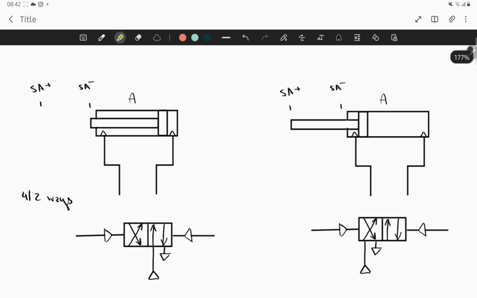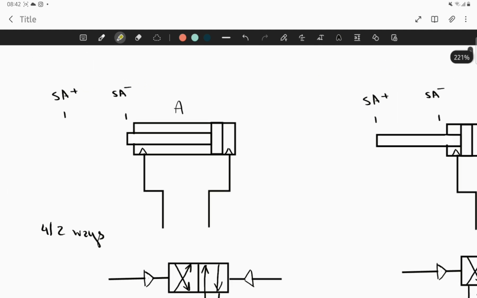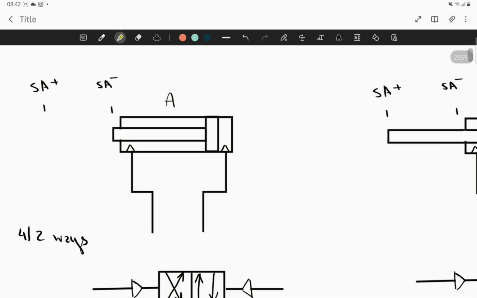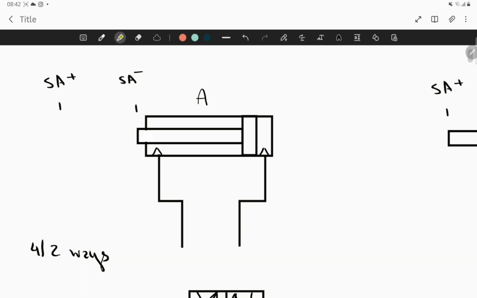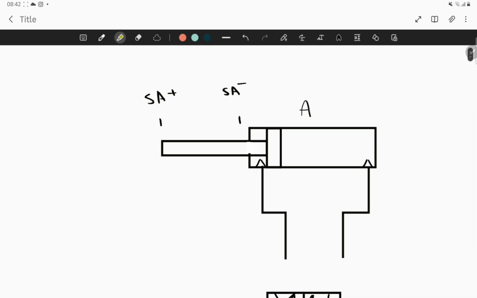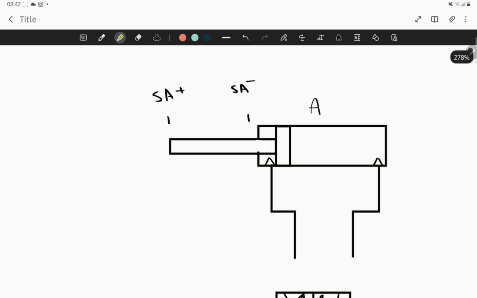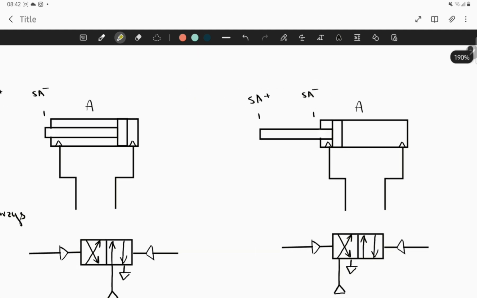So what we need to know is that when you have an actuator, a two-way actuator as the ones we normally use, you have two ways for the air to enter, and if it enters on the right, it moves the piston as it is here, because the air enters here and fills the space with air, and then the piston goes out and reaches this sensor, for example.